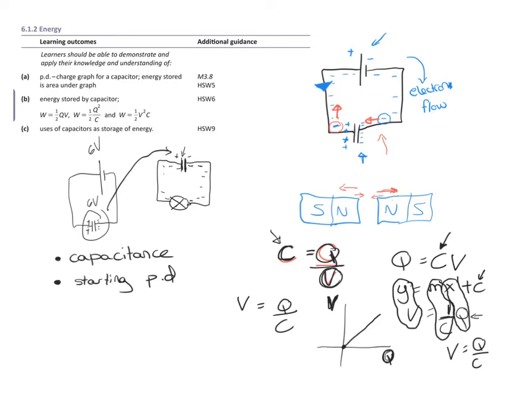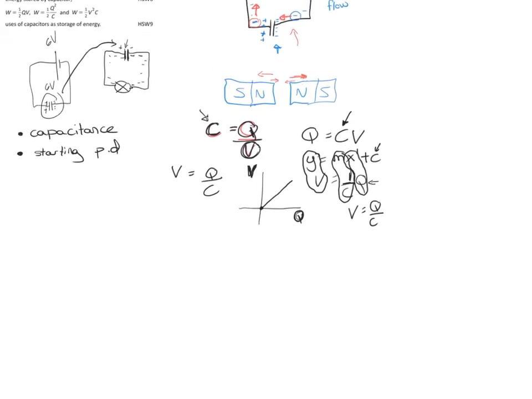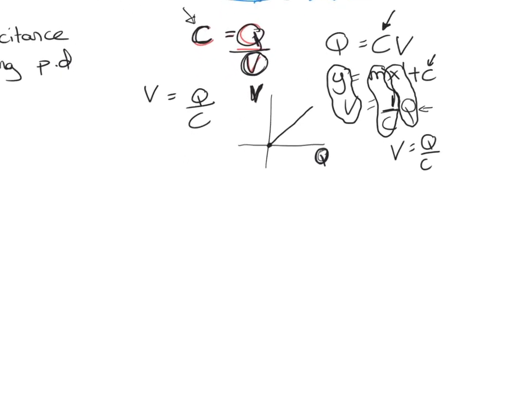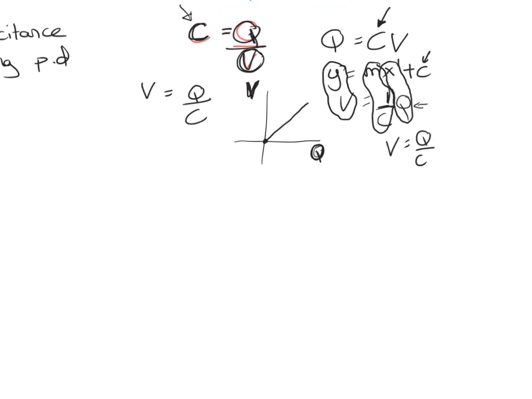What does this have to do with energy? Well, here we need to go back to a bit of our previous knowledge of electricity. We learned, and that's one of the equations I told you to make sure you're always feeling confident with, because a lot of people don't know how to apply it, even though the equation is given to them. It is the definition of potential difference, which is linked to energy transferred or work done and charge.